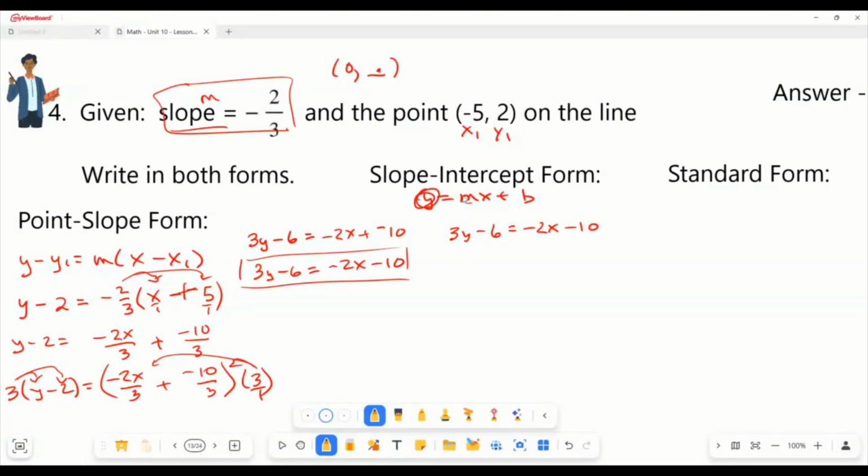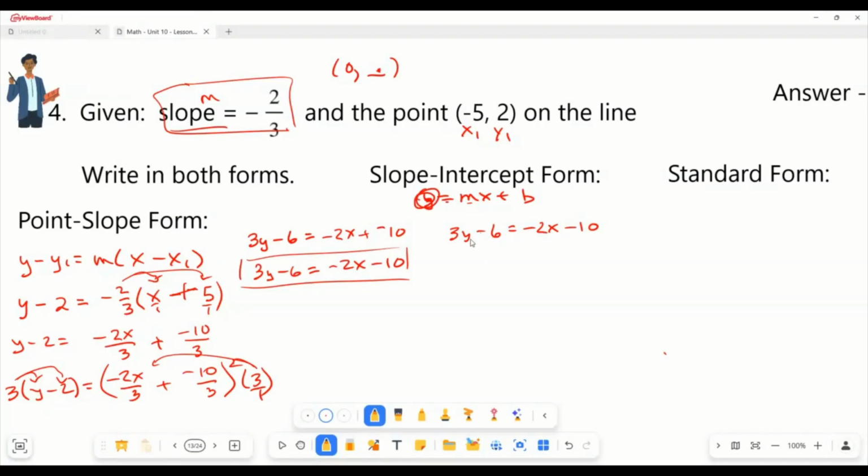Slope-intercept is y equals. Nothing else over there, y equals. So I need to get rid of the 3. I need to get rid of the negative 6. The 3 is being multiplied. When a number is written next to a variable, it means multiplication. The 6 is being subtracted from 3y.